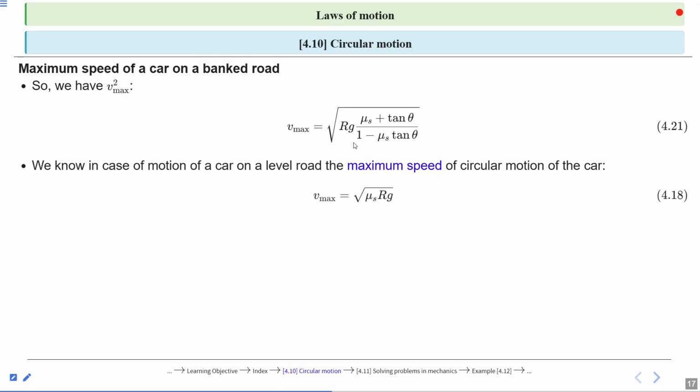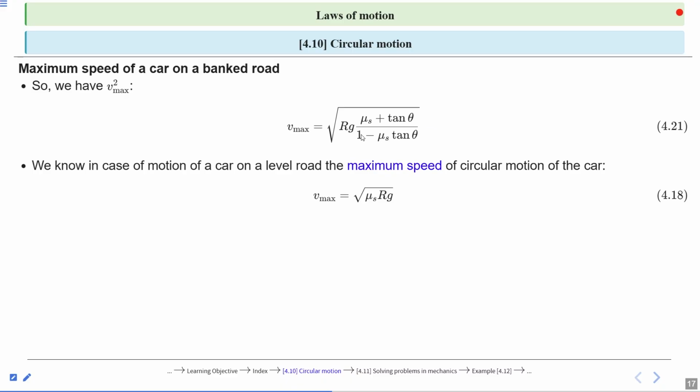Listen carefully, there are two important points. First, the maximum speed of a car on a level road is V max equal to under root mu s Rg. And the maximum speed of a car on a bank road is V max equal to under root Rg (mu s plus tan theta) divided by (1 minus mu s tan theta).